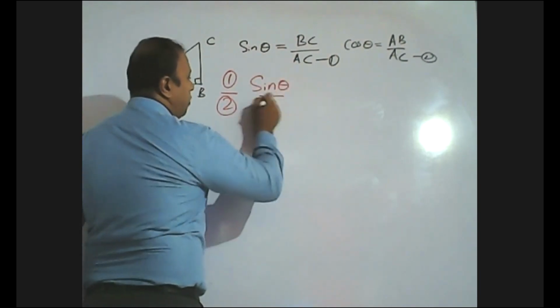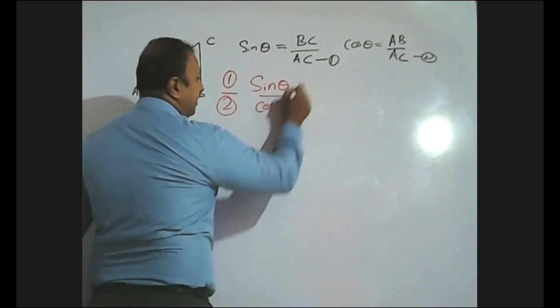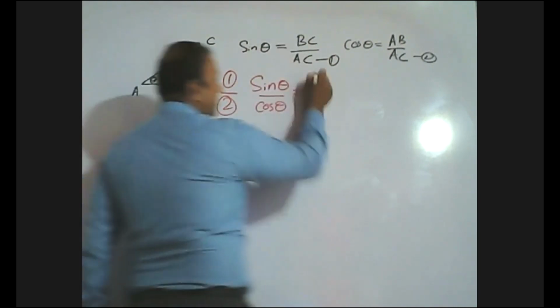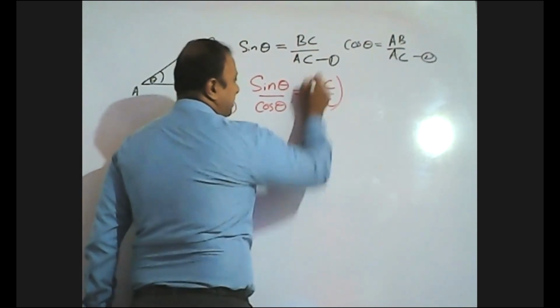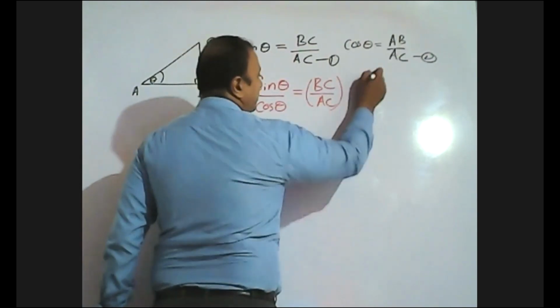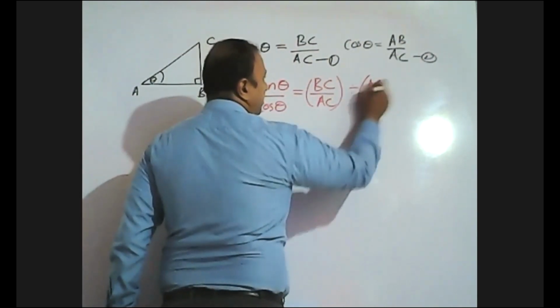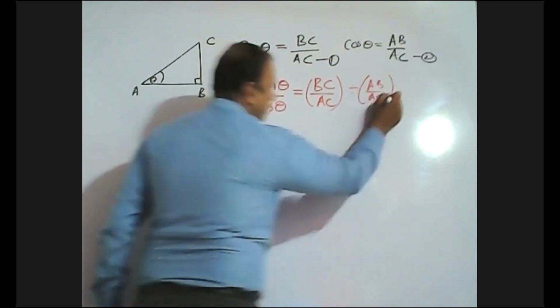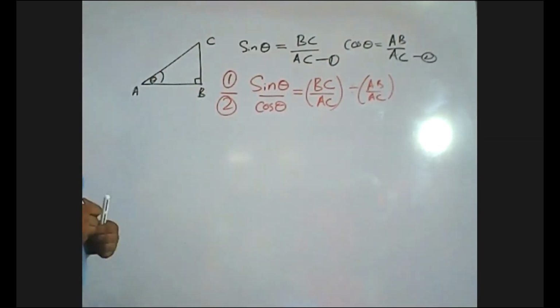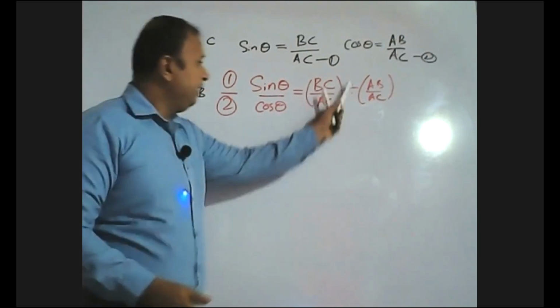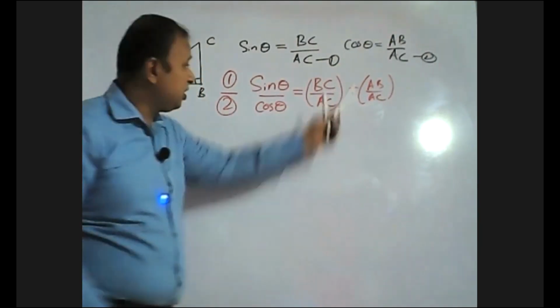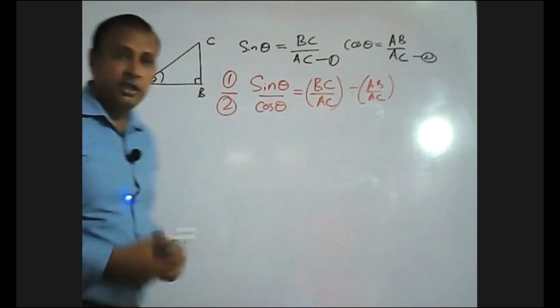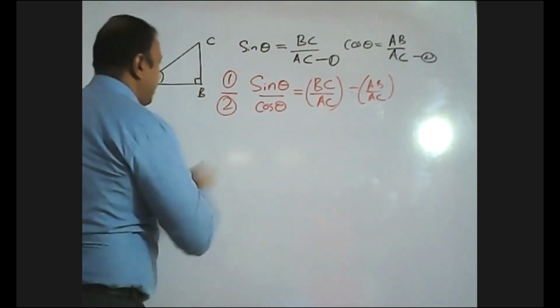Sin theta over cos theta is equal to BC over AC divided by AB over AC. Division means multiplication with the reciprocal. So I can rewrite this one.